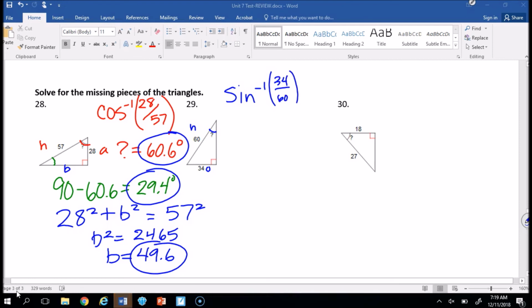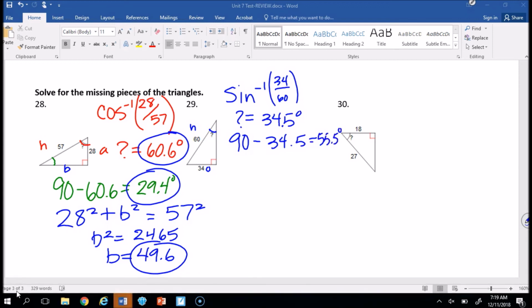When we do that, it tells us that this question mark angle is 34.5 degrees. Okay, then we're going to subtract that from 90 to find the other angle. And that equals 55.5.